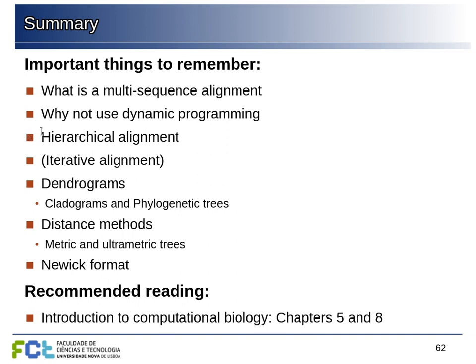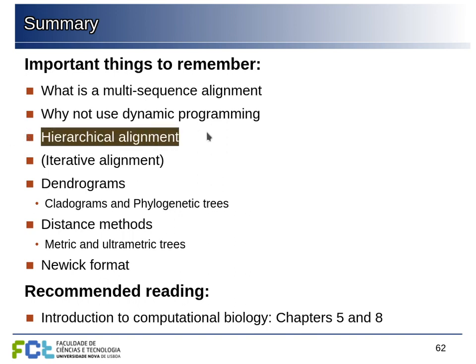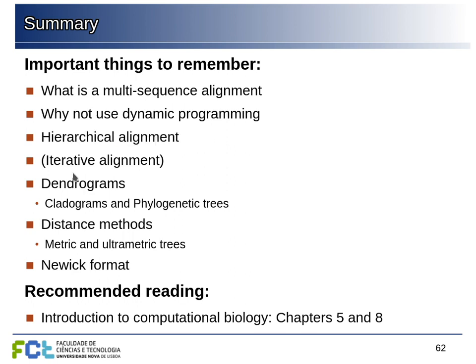So we have this hierarchical or progressive alignment approach, where we start with the sequences that are closer together, and then we keep adding more and more distant sequences until we have the complete alignment. We can then pass on to iterative methods where we try to fix mistakes that occurred earlier.